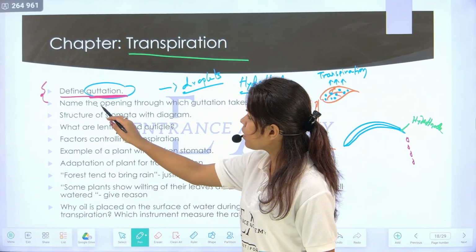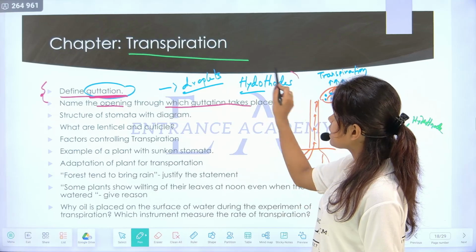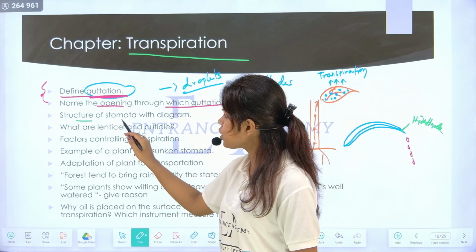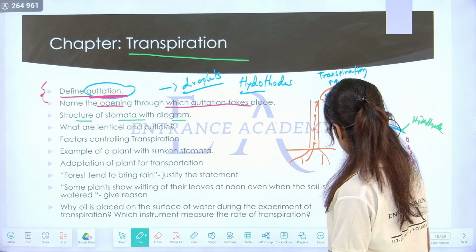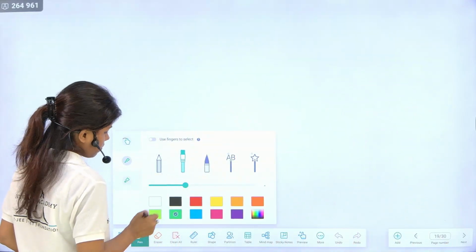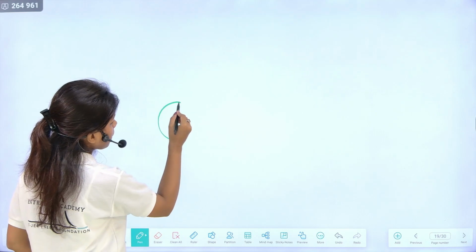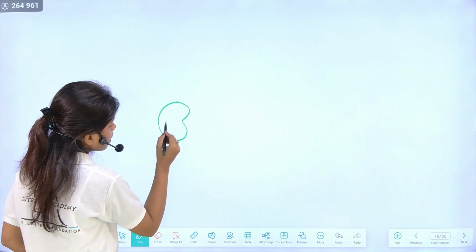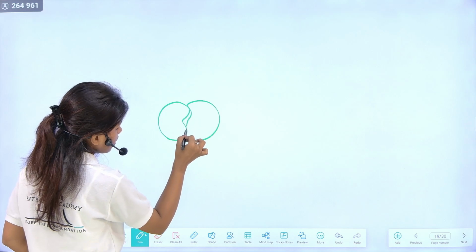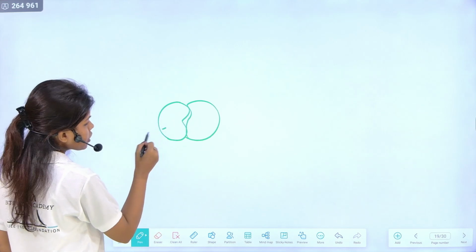Next, name the opening through which guttation takes place. Answer is hydatodes. Next question, structure of stomata with diagram. Stomata are the minute openings present on the surface of the leaf, or you can say the surface of the epidermis. These two are the guard cells.